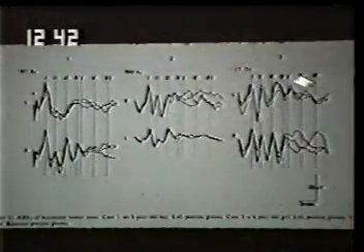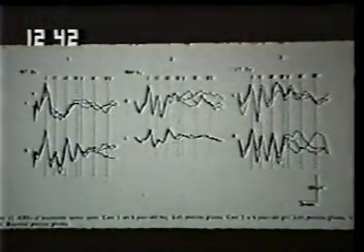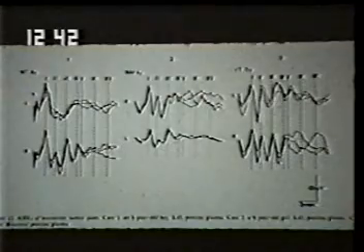These are children with left pontine glioma. One case, another pontine glioma. It's just to show you the variety of abnormalities happening, especially missing waves in CPA tumors.